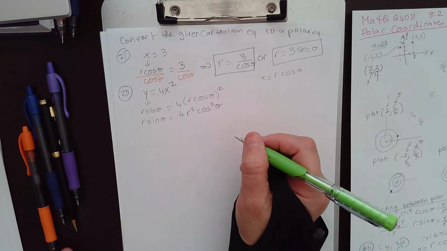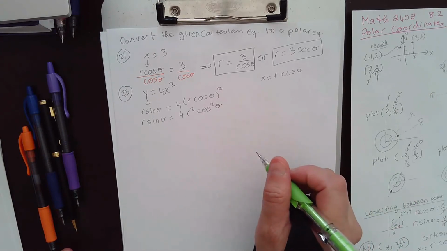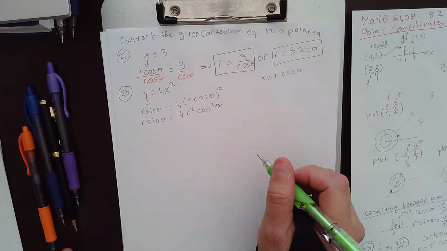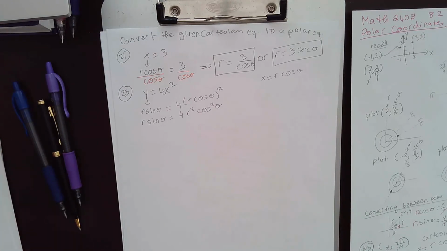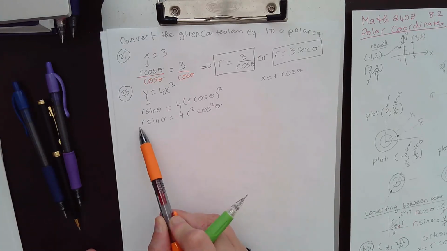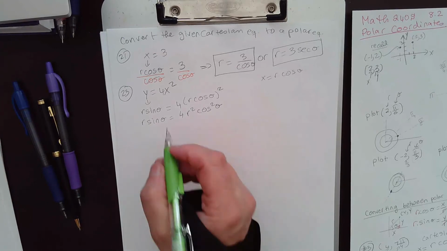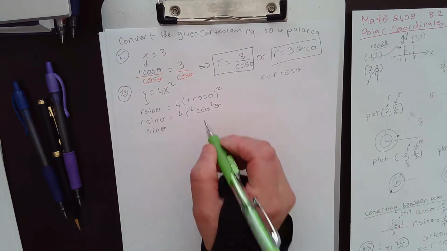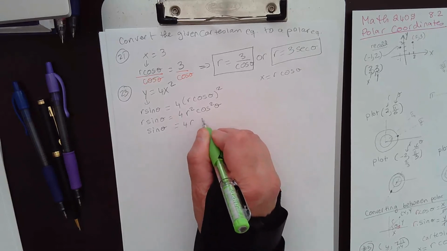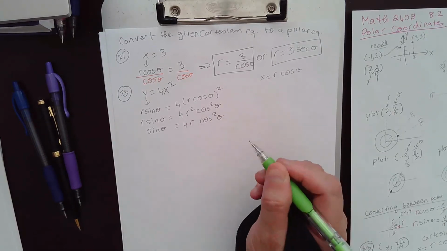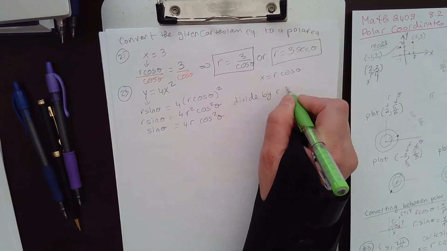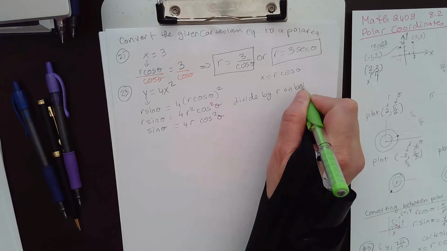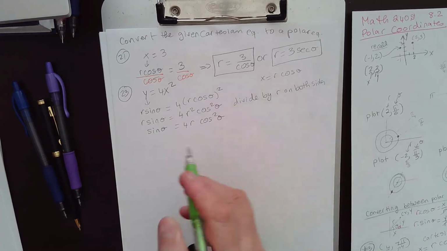Again, we want to solve for r like we did before. First you can divide by r if you like. Because if you divide by r on both sides, this is going to cancel. So this becomes sine theta is equal to 4r cosine squared theta. So divide by r on both sides here. So we simplified it.